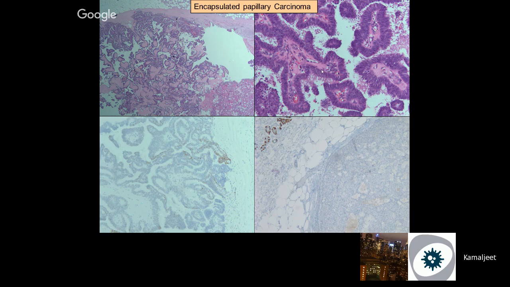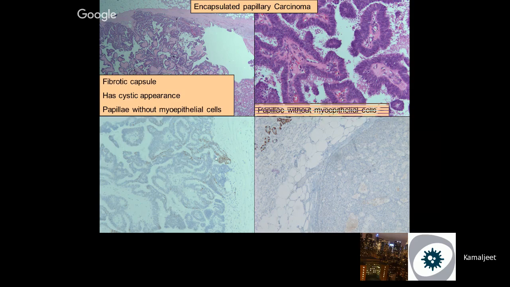There are no myoepithelial cells in the fibrovascular cores, and you can demonstrate it by immunostains. P63 shows lack of myoepithelial cells in the fibrovascular cores or at the periphery. One caveat is that the tumor cells themselves can stain for P63, but you can differentiate by the size of the cells that are staining. Myoepithelial cells are small.